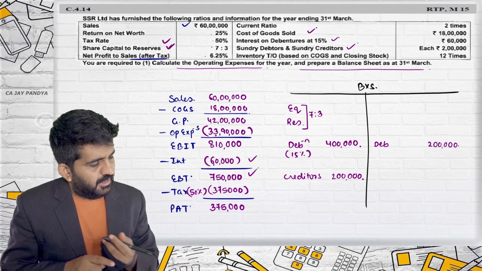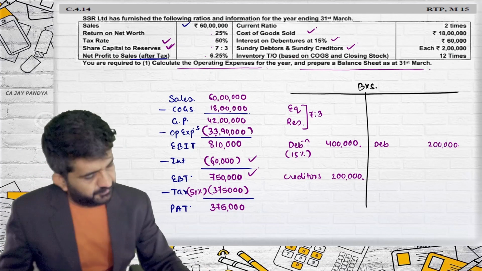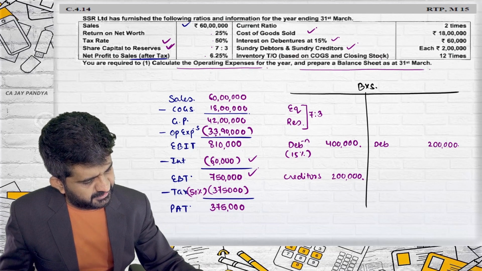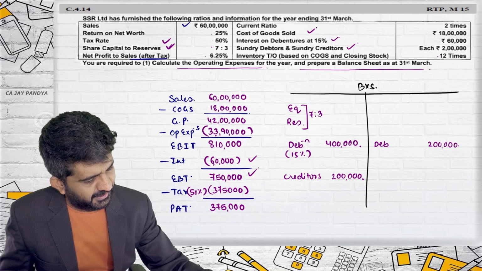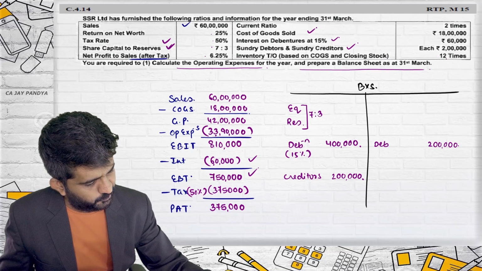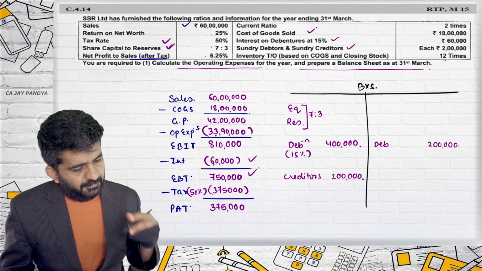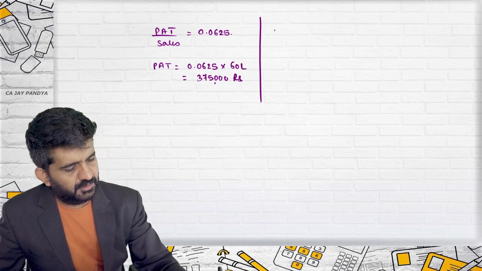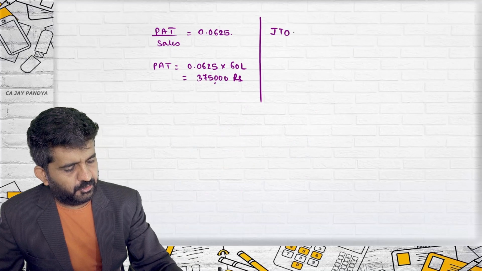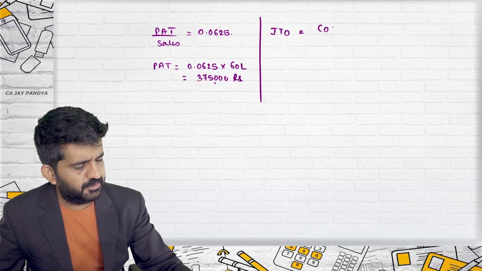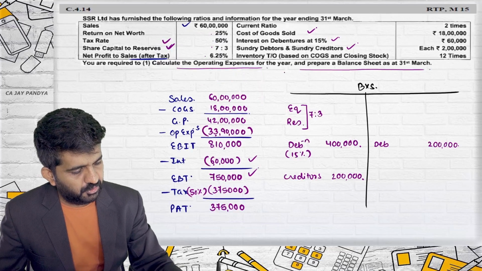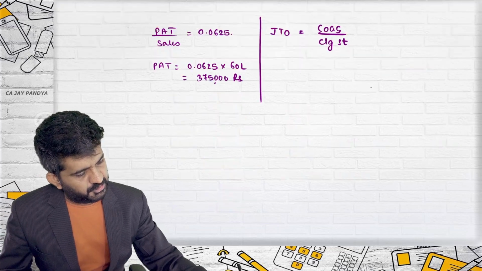Alright, I'll have to find out other figures. Inventory turnover ratio is based upon COGS and closing stock. I think I'll be getting closing stock from here. It will be 12 times. Inventory turnover ratio is COGS upon closing stock, and it is given as 12.